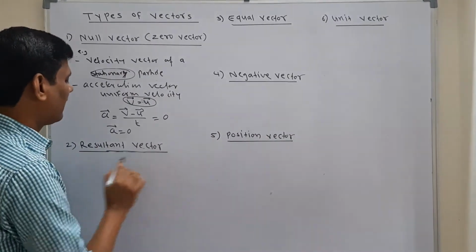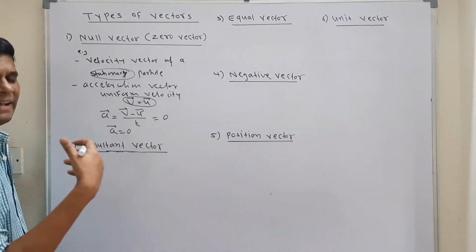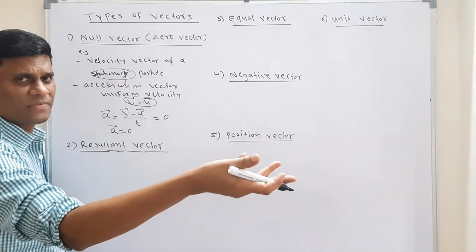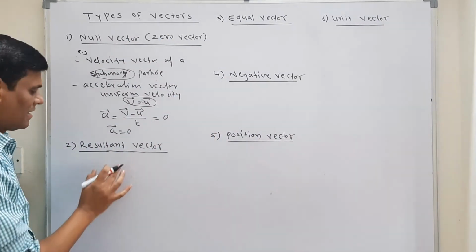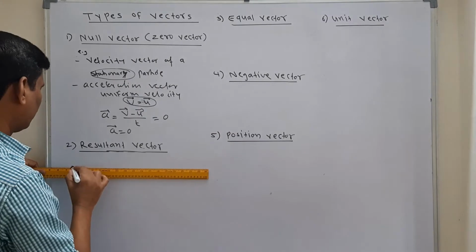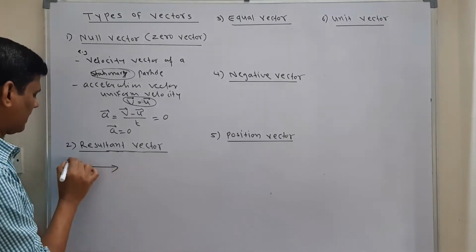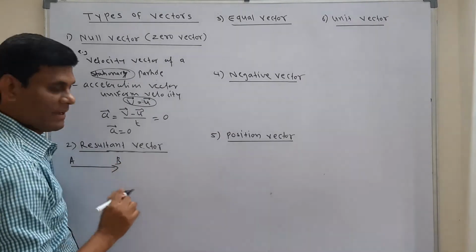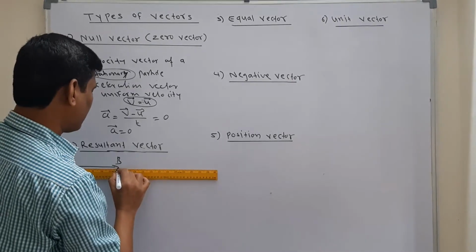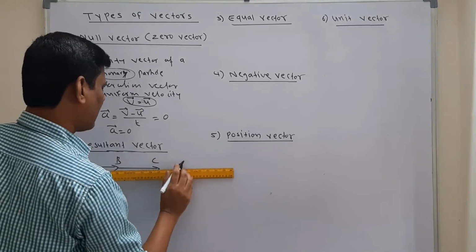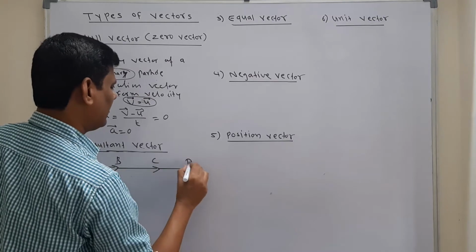Next part, a resultant vector. Now you can take two or more than two vectors in order to define the resultant vector. Suppose I take this one vector, say AB. I'll take another vector, say BC, and I'll take one more vector, say CD.